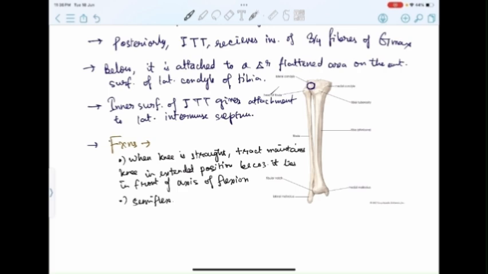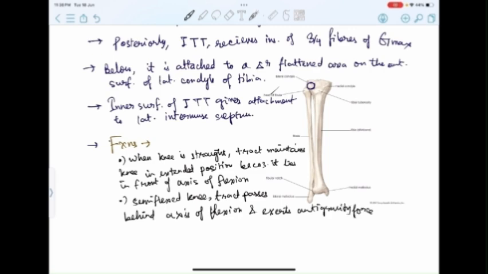Semiflexed knee, tract passes behind axis of flexion, so flexion, and exerts anti-gravity force. Why? To support the knee joint in walking and running.